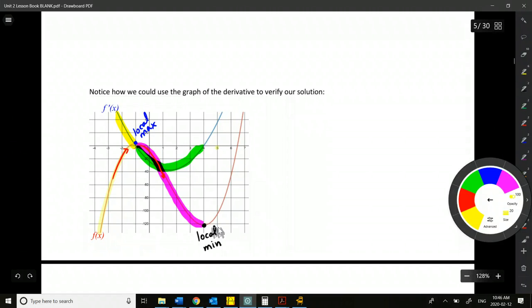And we change back to increasing. Okay, so the original function changes from increasing to decreasing, that's local max, decreasing to increasing, that's a local min, and then we're seeing that the derivative function is changing from negative in this section to positive up here. Okay? So that's kind of what we're analyzing when we analyze that chart.